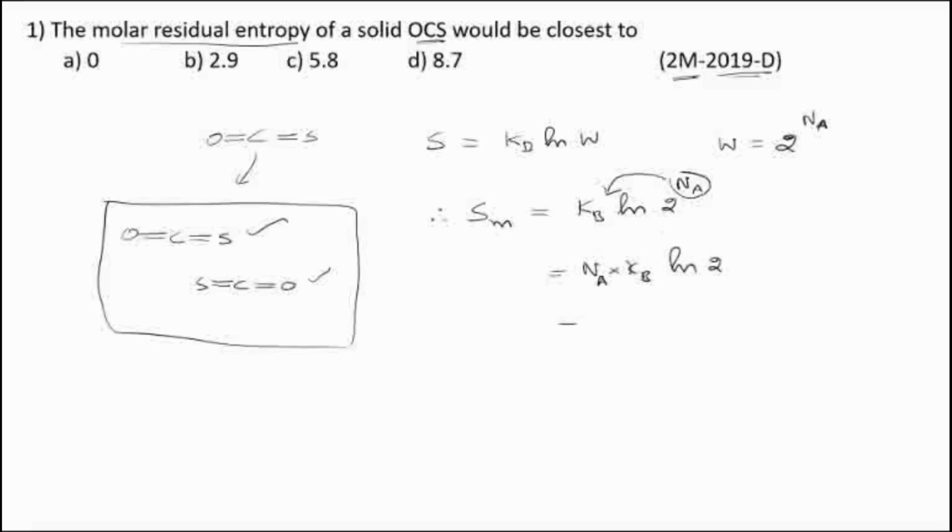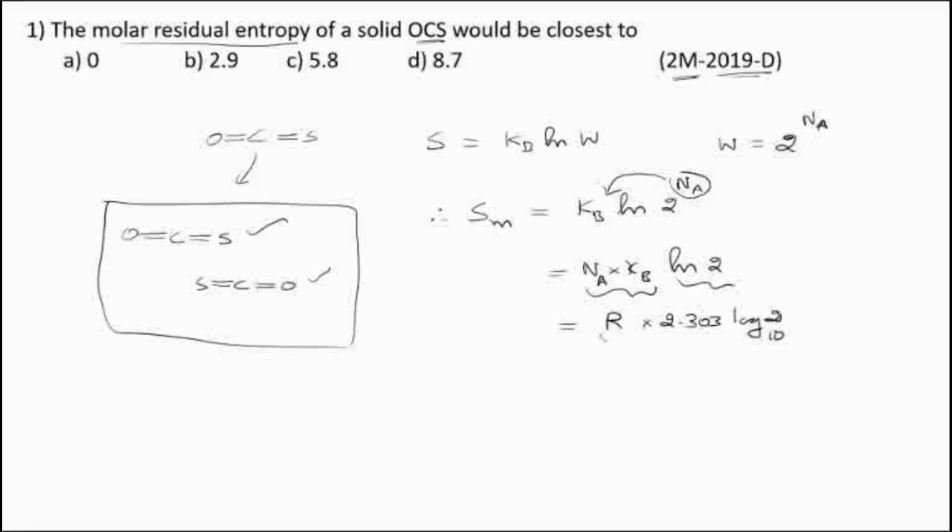Avogadro number into Boltzmann constant is nothing but the gas constant R. And you know how to expand ln 2, converting the natural logarithm into base 10 logarithm: 2.303 into log 2 base 10.